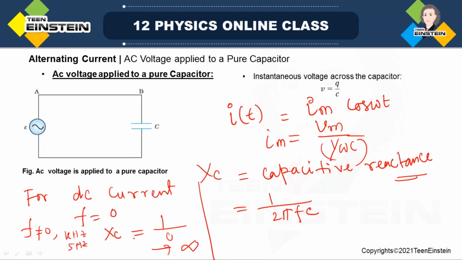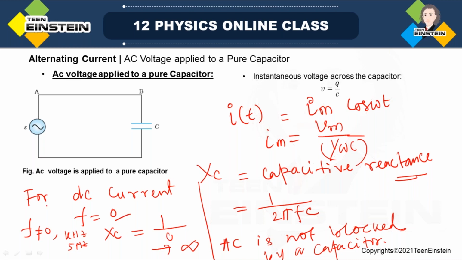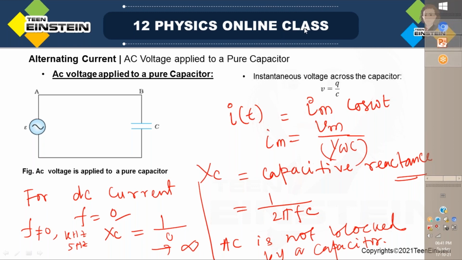That's why we say AC is not blocked by a capacitor, whereas DC is blocked because frequency is 0. That means the capacitor will offer almost infinite resistance to the flow of electric current.